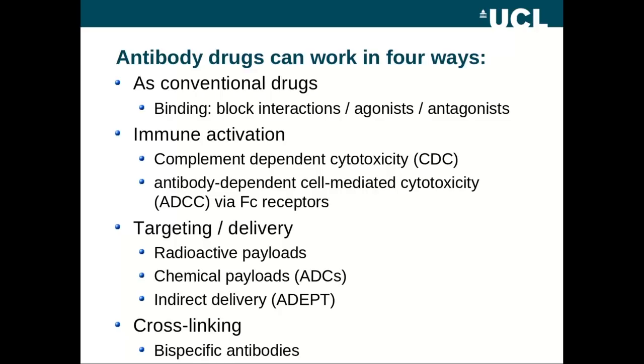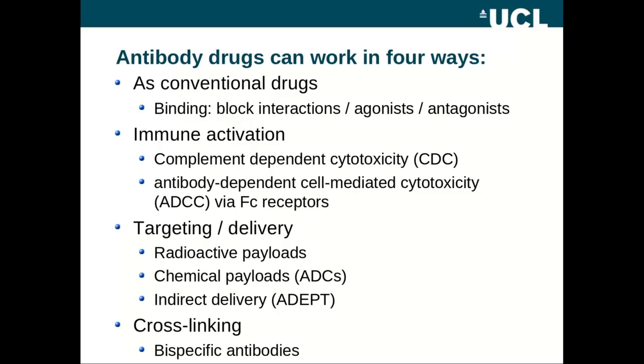Second, we can use a chemical payload. This is what's known as an antibody drug conjugate, or ADC. And these drugs are often coupled via a linker which allows them to be released in certain circumstances.